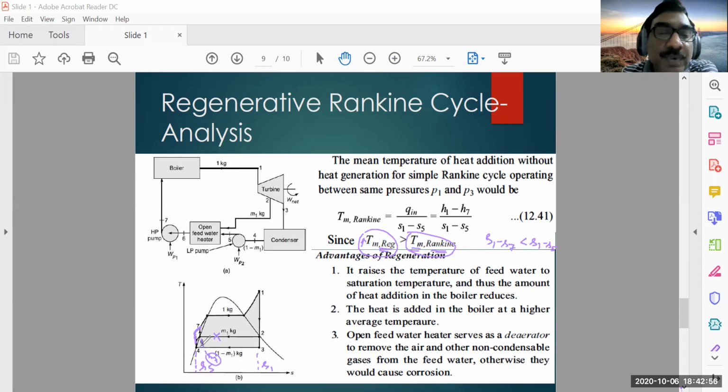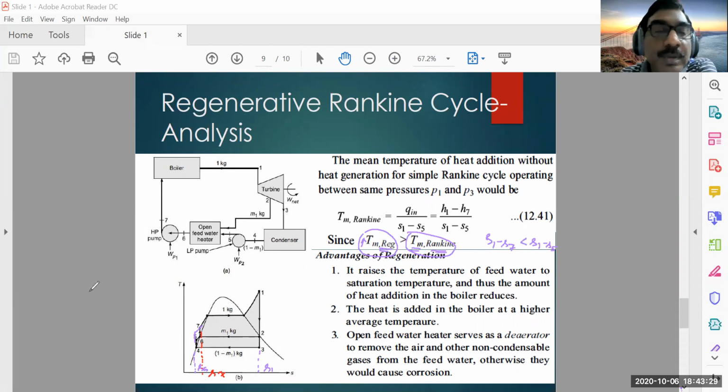We'll take another color. Let me clearly show you. This is S5 and this is S1. So if you take another one, this is S7.